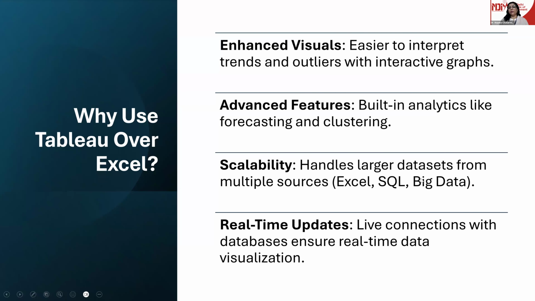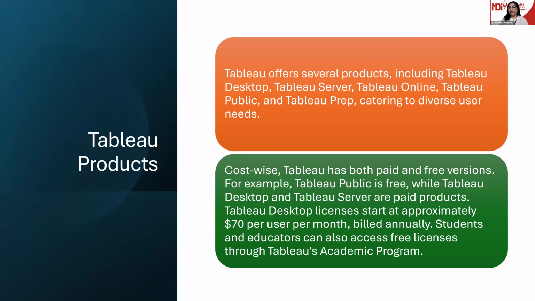We talked about various features, then about the various products Tableau offers, and we discussed that Tableau Public is the only free one, the rest of the products are paid, and the charges are $70 per user, whereas you can register yourself as a student or educator, wherein you get a free license under the academic program.